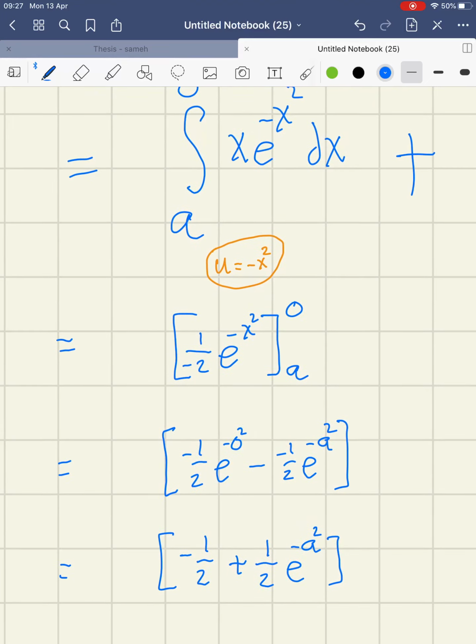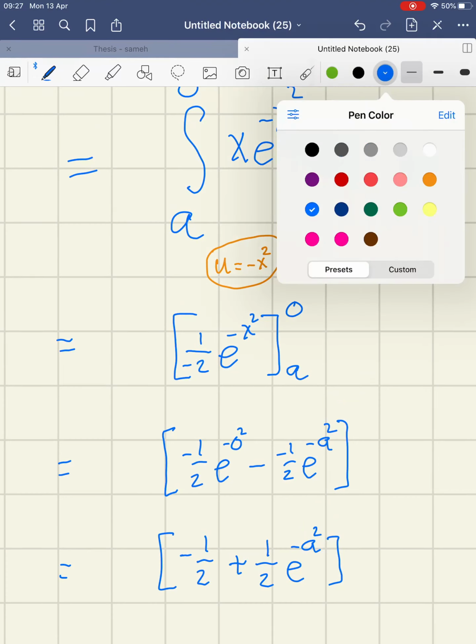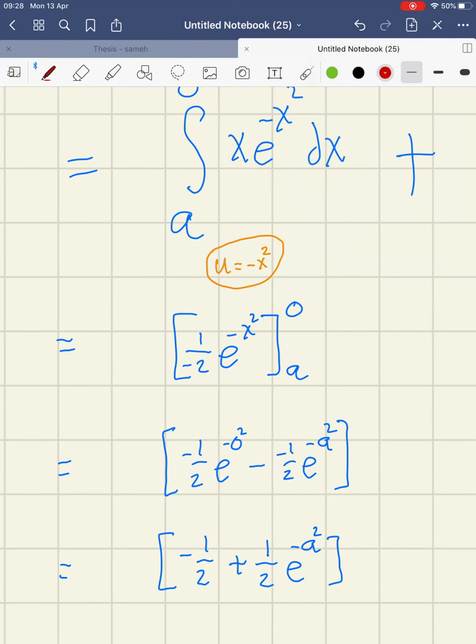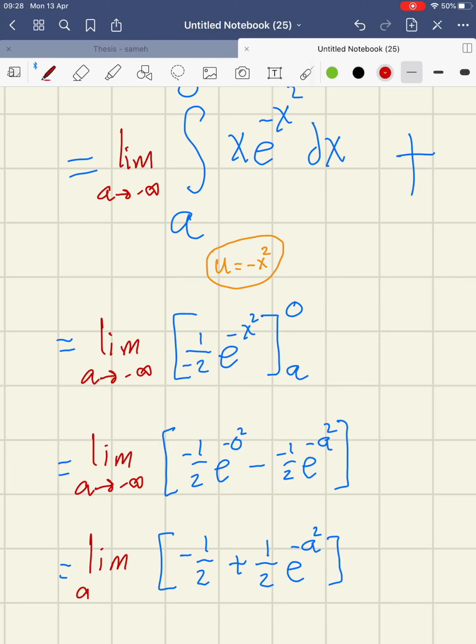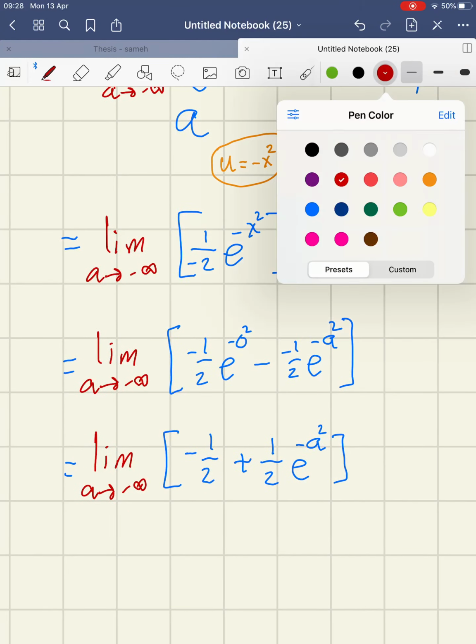So far so good. The next step that we need to do is we need to find the limit, as a goes to negative infinity. Please substitute infinity for me here, by the way. What do we get?